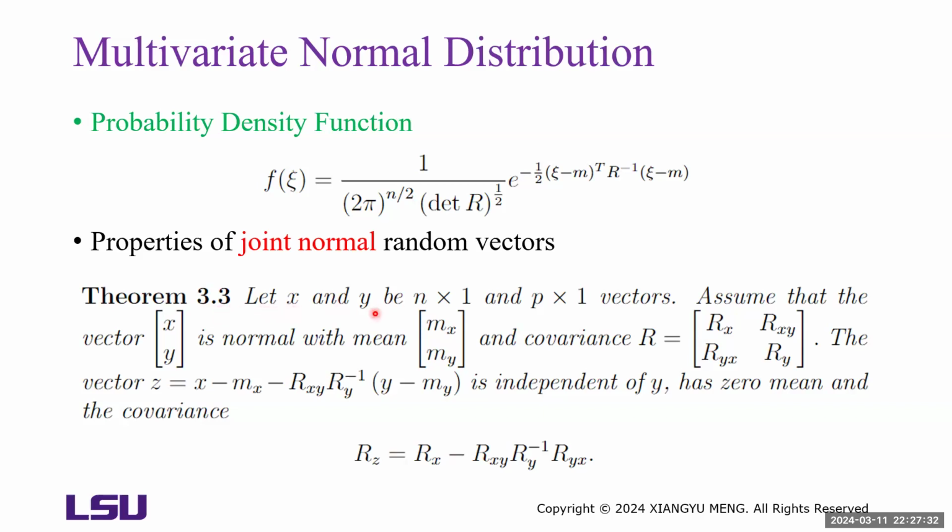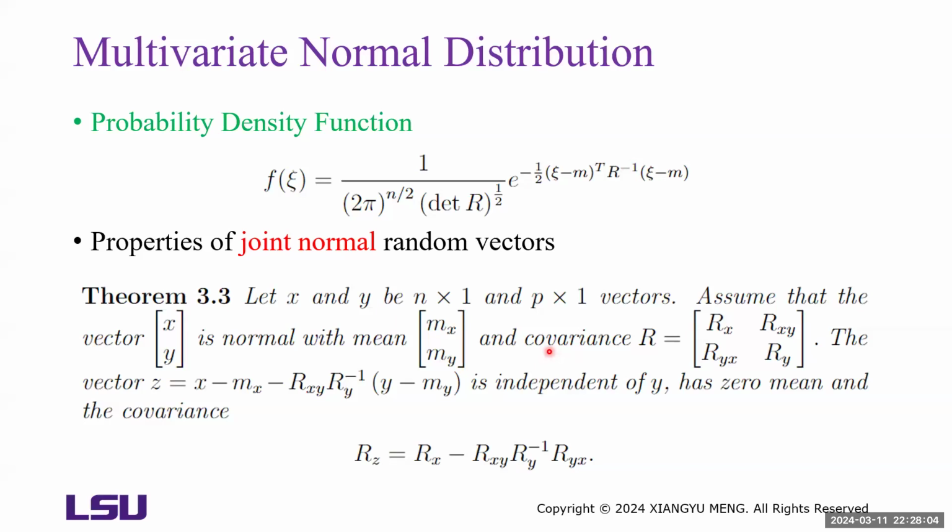Let x and y be n by 1 and p by 1 vectors. Let's form a vector by stacking x and y. Assume the stacked vector is normal with a mean of mx and my. So this vector has dimension n plus p by 1, and the mean is also an n plus p by 1 vector.